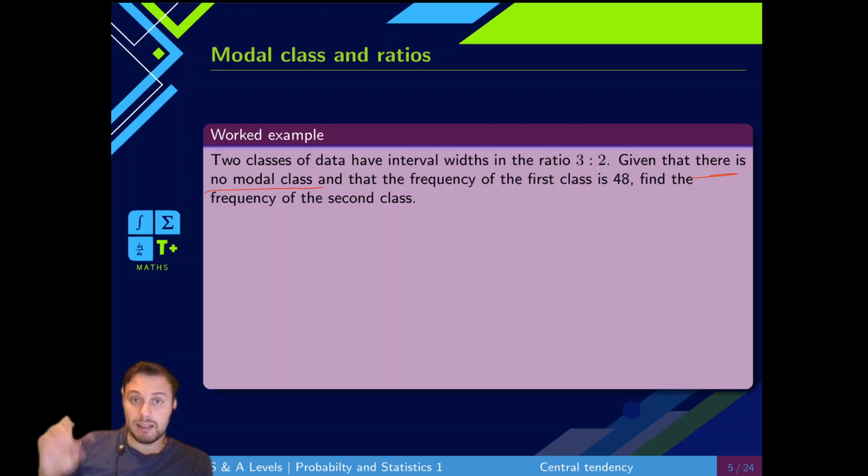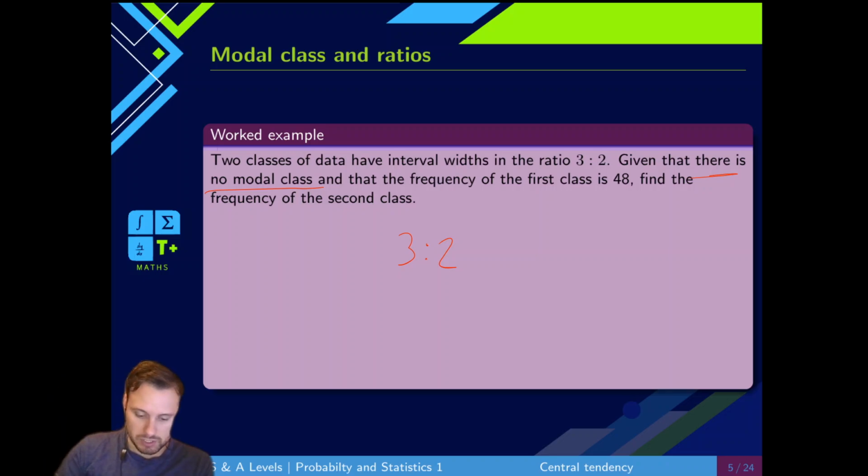This means that the frequency densities of these two classes are the same. So we are told the frequency of the first class, and we have to find the frequency of the second one. And this is quite simple because we can say, okay, the ratio in the width is 3 to 2, and the frequency density is the ratio between the frequency and the amplitude.